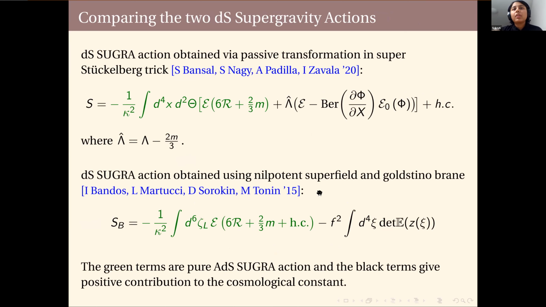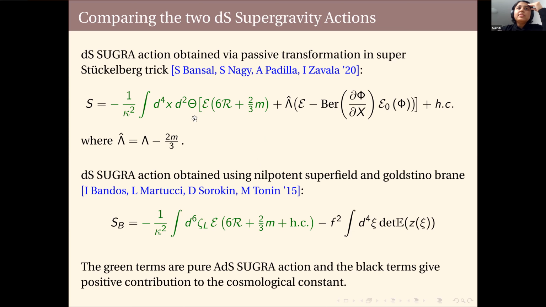Now, I'll just show a very schematic comparison between the two actions, the Goldstino brane action, which is this one given by these people. And this is the action that was initially constructed by my collaborators, but written in this form in our paper last year.